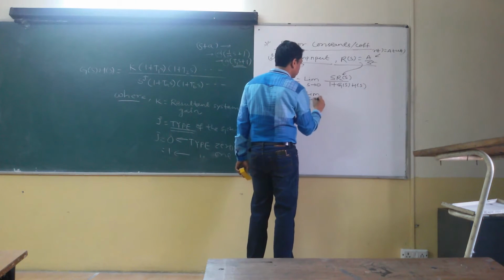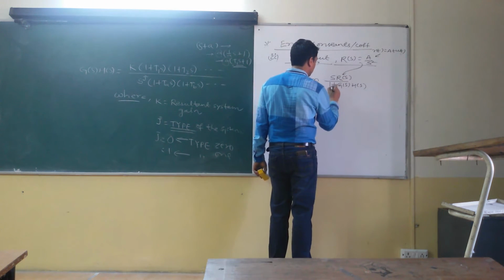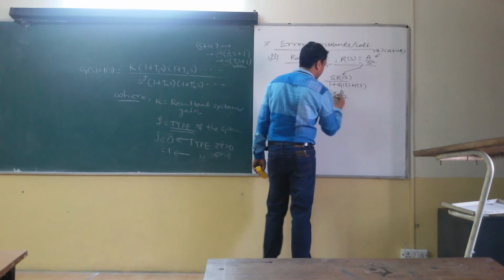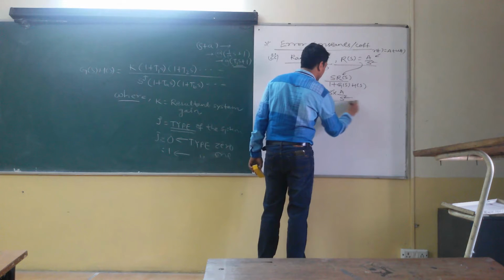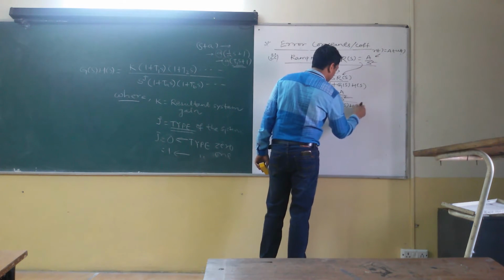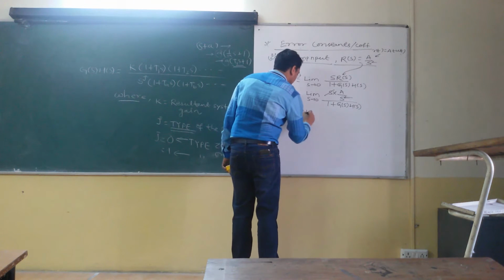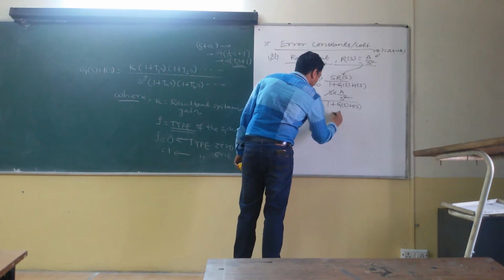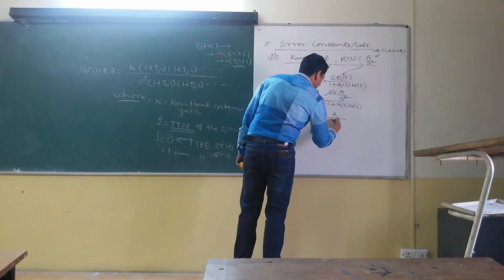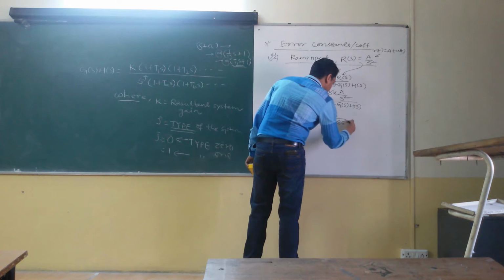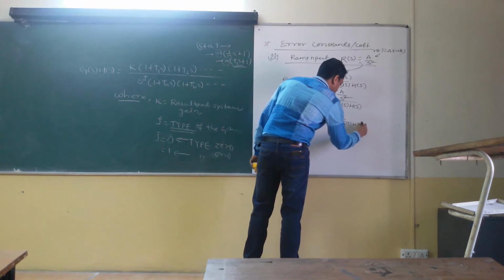Limit s tends to 0, s multiplied by A upon s square, one s will cancel out, 1 plus G(s)H(s), or equivalently you can write limit s tends to 0, A upon s plus s multiplied by G(s)H(s).